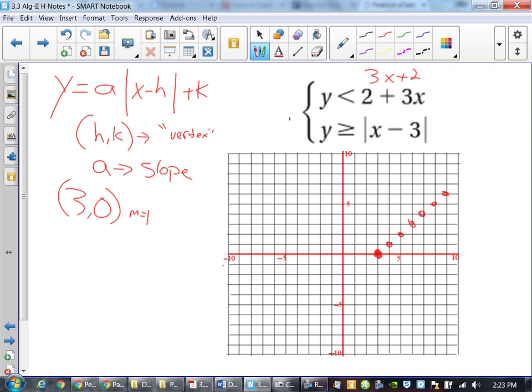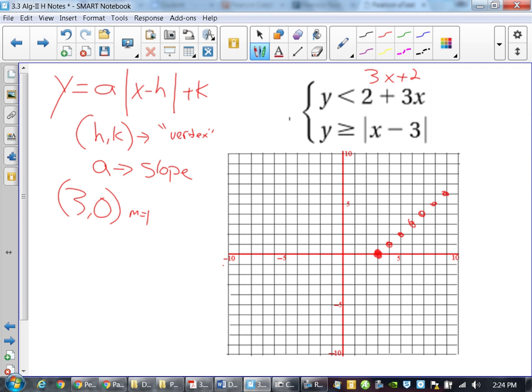Because the k is plus 0, so the k would be 0. Remember, h is your horizontal shift, the x shift, and k is your vertical shift, up and down, the y value.